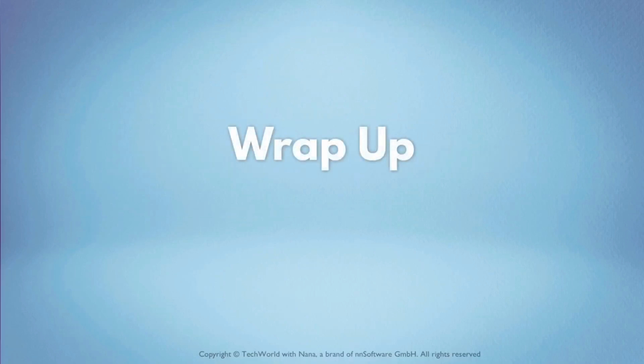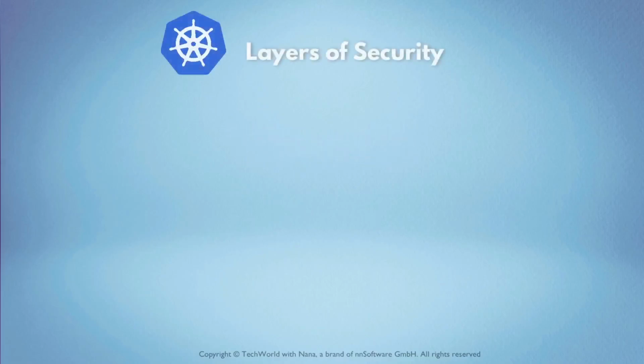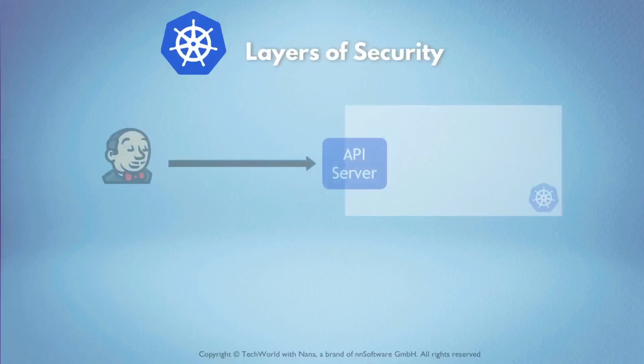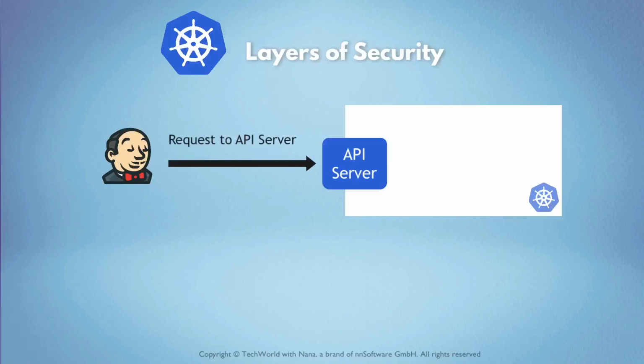So to wrap this whole thing up in Kubernetes security, we have 2 different levels. For example, Jenkins sends a request to the API server that it wants to create a new service in a default namespace.